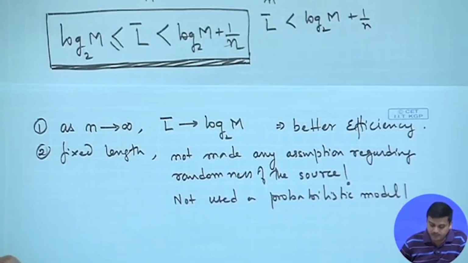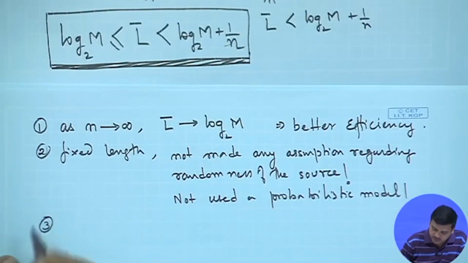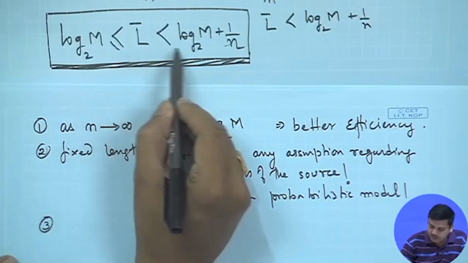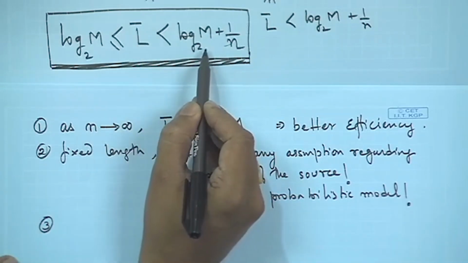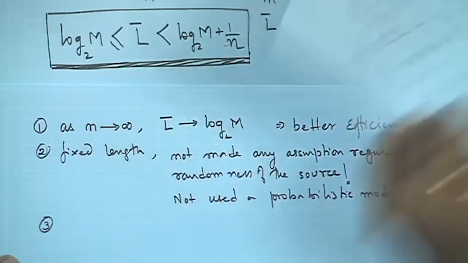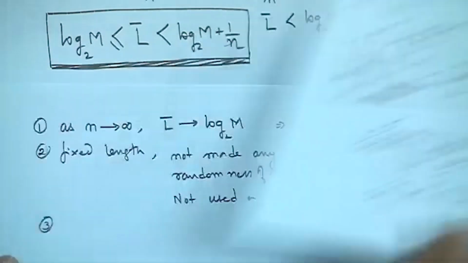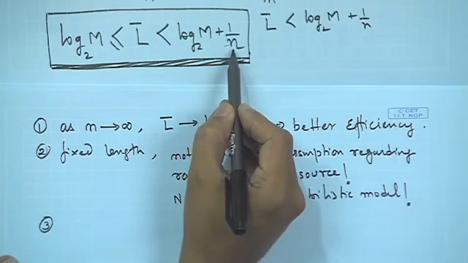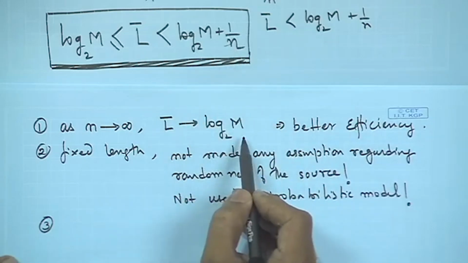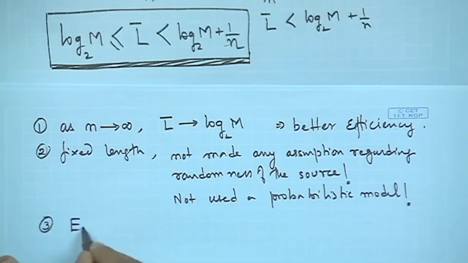The other important thing to note at this point is that this gives us a hint. If you look at this, or even the earlier expression, but better this, because as n is very large, this tends to log base 2 of n. You may have heard about the term entropy, which we will again define.